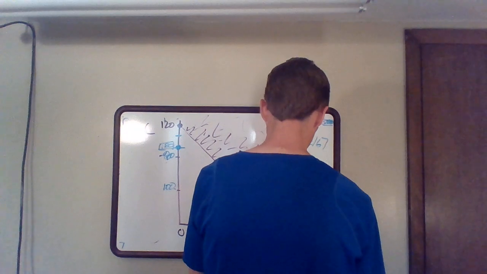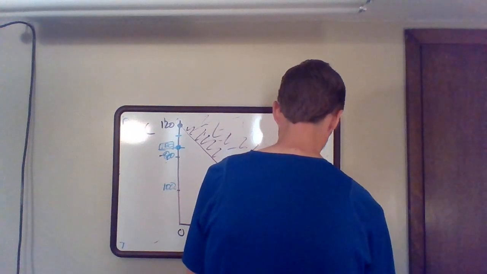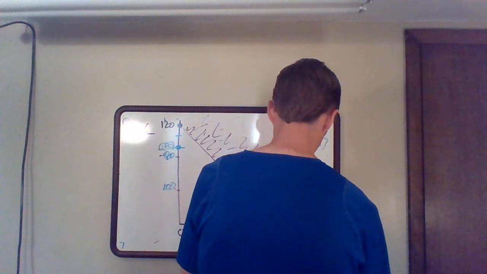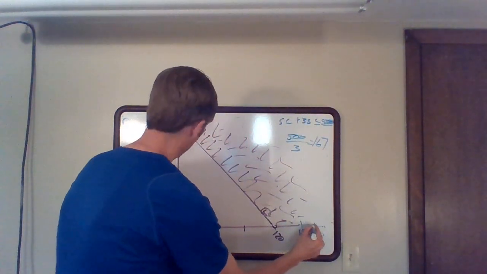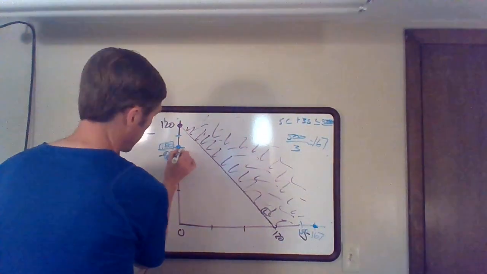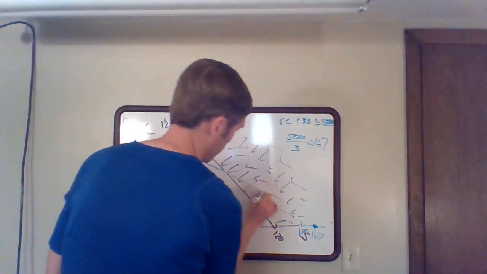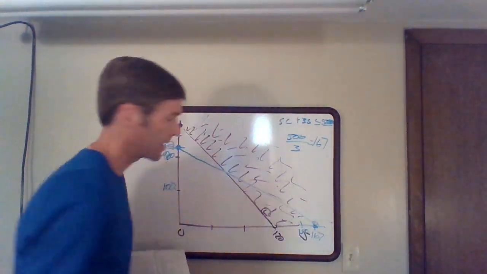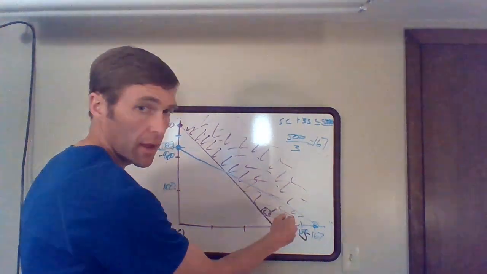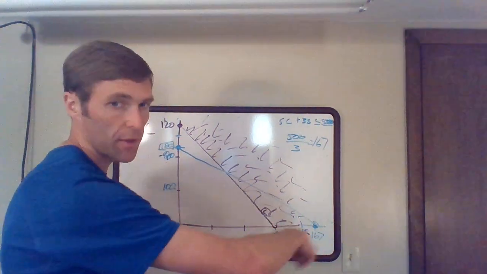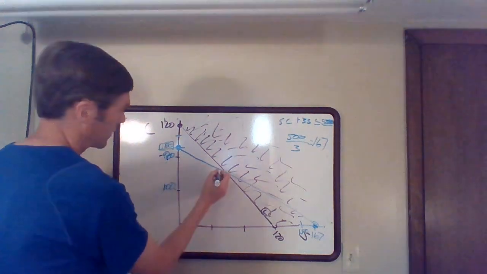is about here, or any combination in between. Now, this part of the feasible region, this part of the graph, was already taken care of.